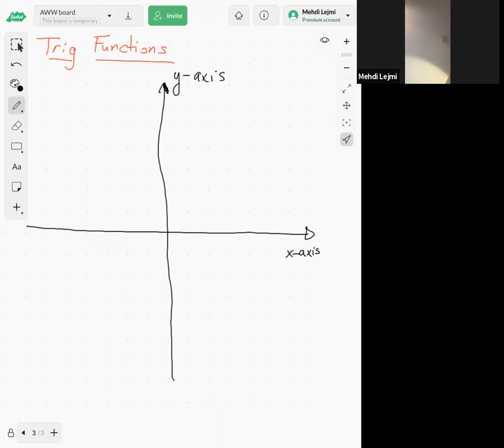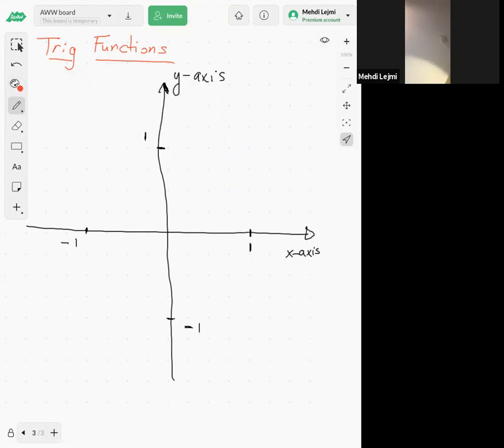Here's 1, this is supposed to be 1, 2, 3, 4, and 1, 2, 3, 4 on the other side, so here's -1. The line here is not straight, but it's not a problem.